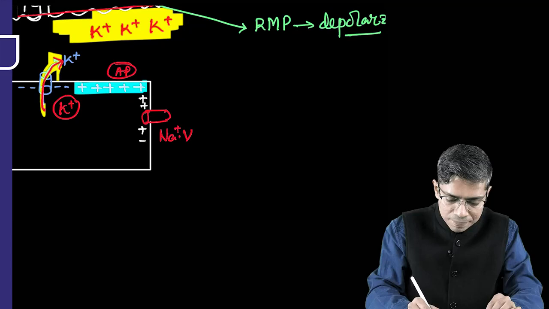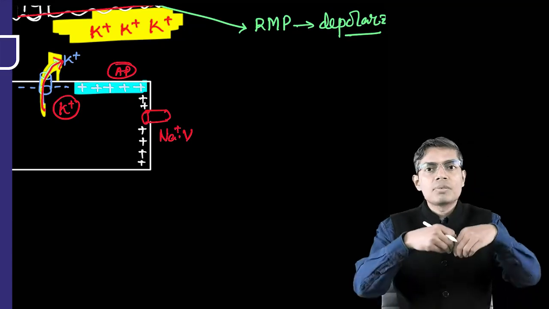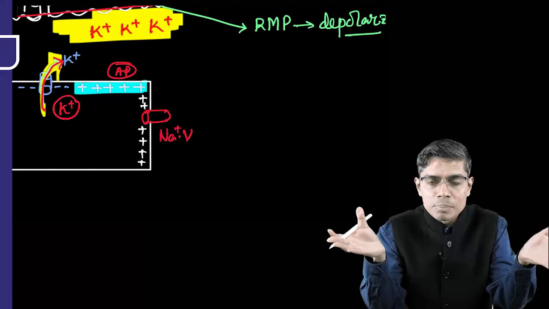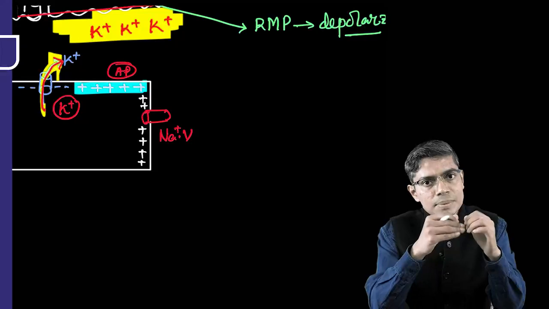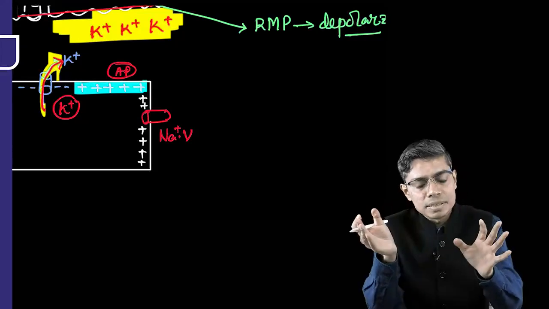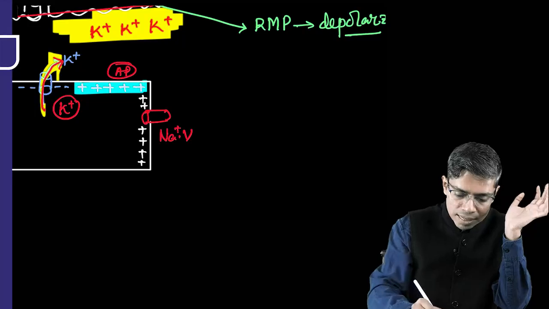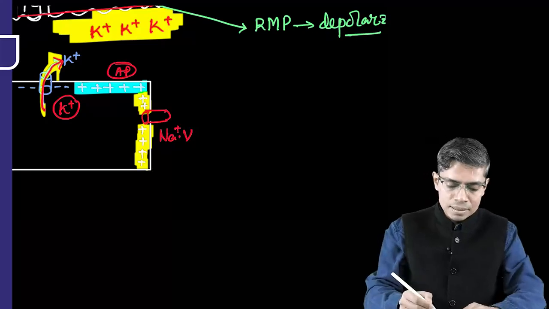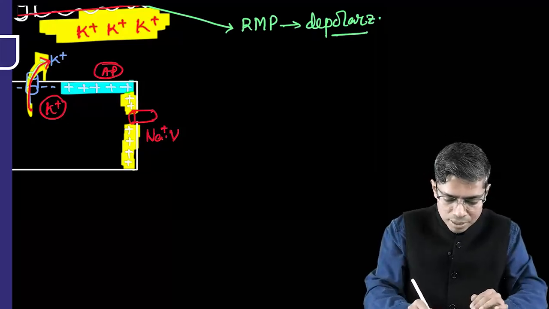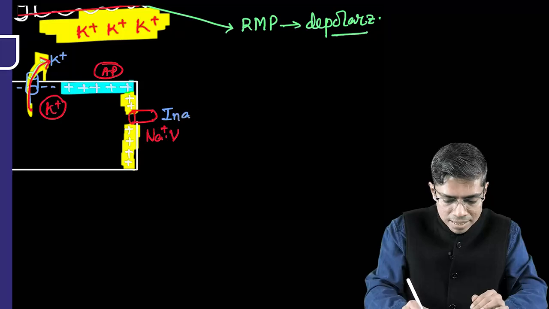I told you already that initial depolarization will cause opening of the channel, but just after opening, there will be inactivation of the channel if the depolarization is still present. That means with long-standing depolarization in the cell membrane, the voltage-gated sodium channel will be inactive.